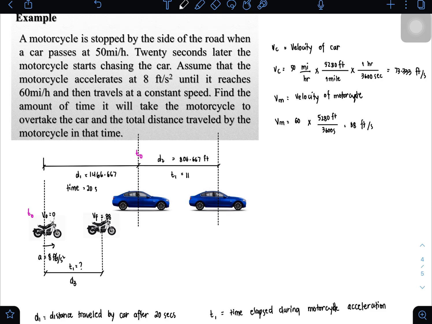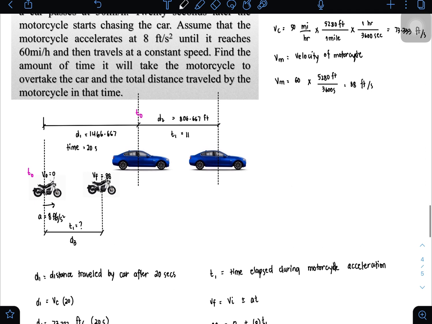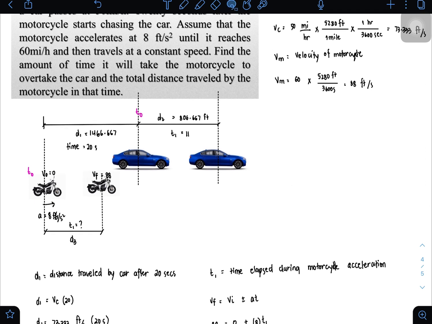Assume that the motorcycle accelerates at 8 feet per square seconds until it reaches 60 miles per hour and then travels at a constant speed. Find the amount of time it will take the motorcycle to overtake the car. Okay, so that's it. This is the final phase.